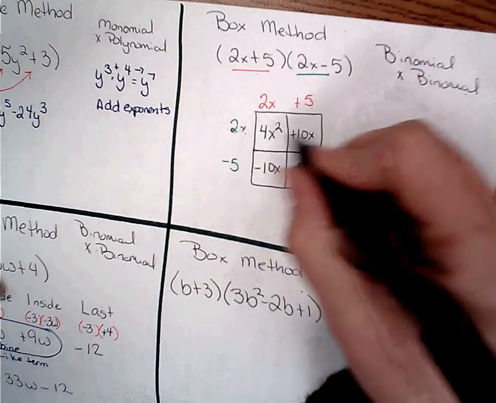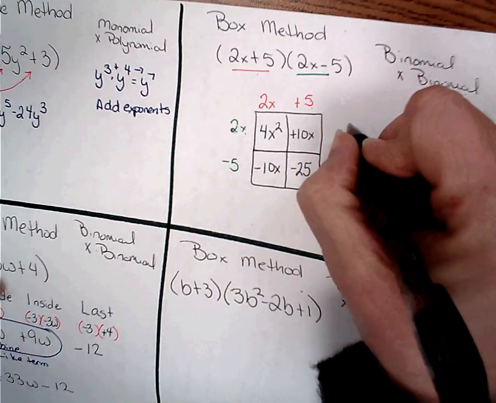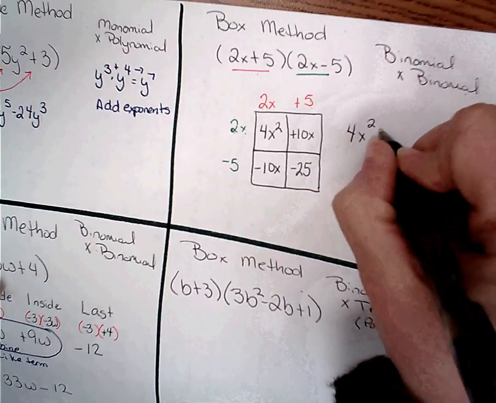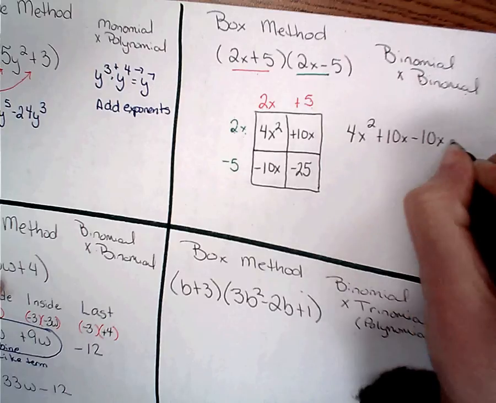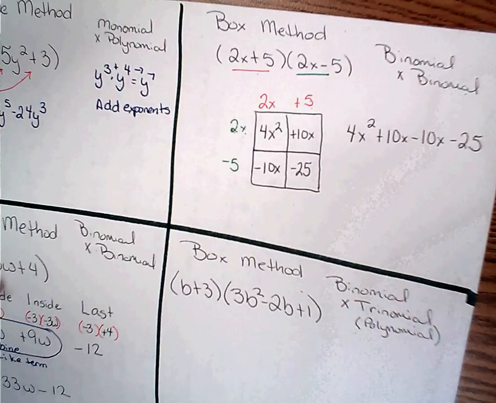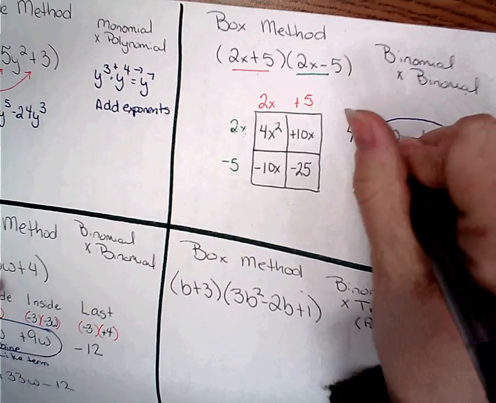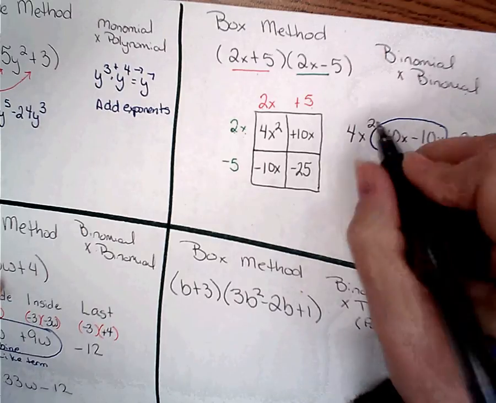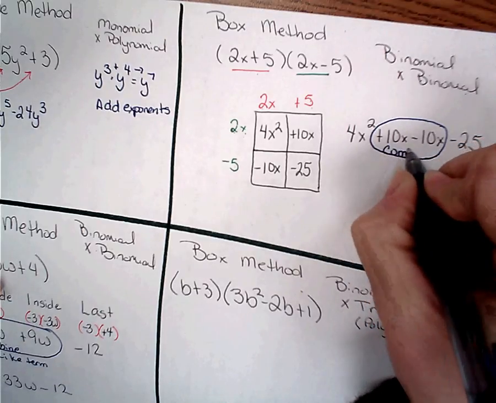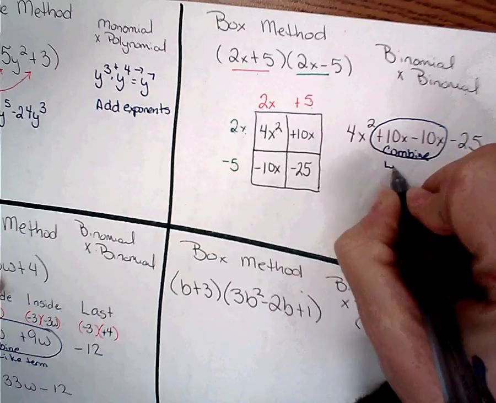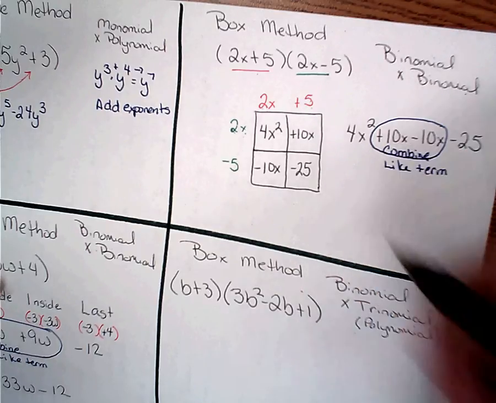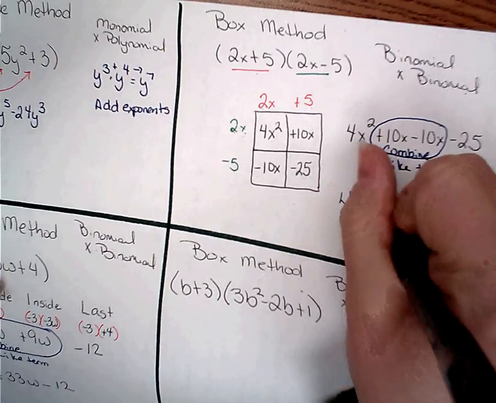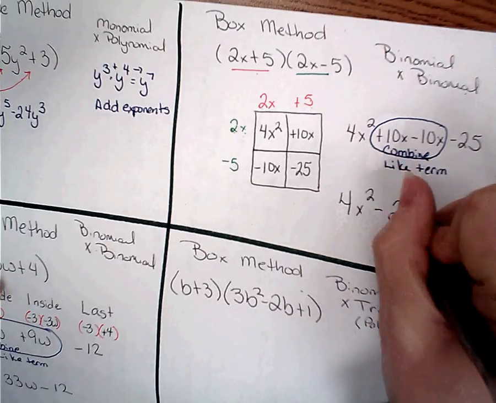If I write all 4 terms out, this gives me 4x squared plus 10x minus 10x minus 25. Again, our middle terms, just like below, are like terms, so we must combine like terms. So my final answer here is 4x squared minus 25.